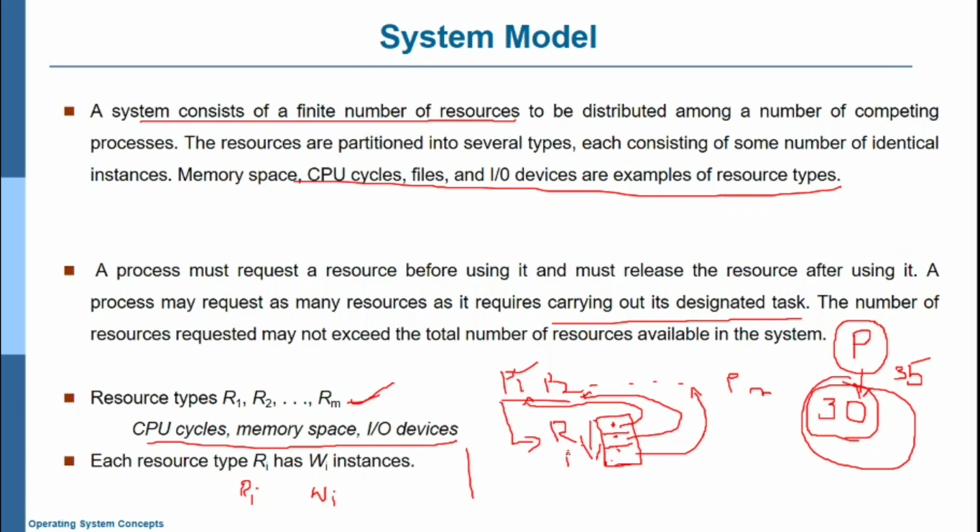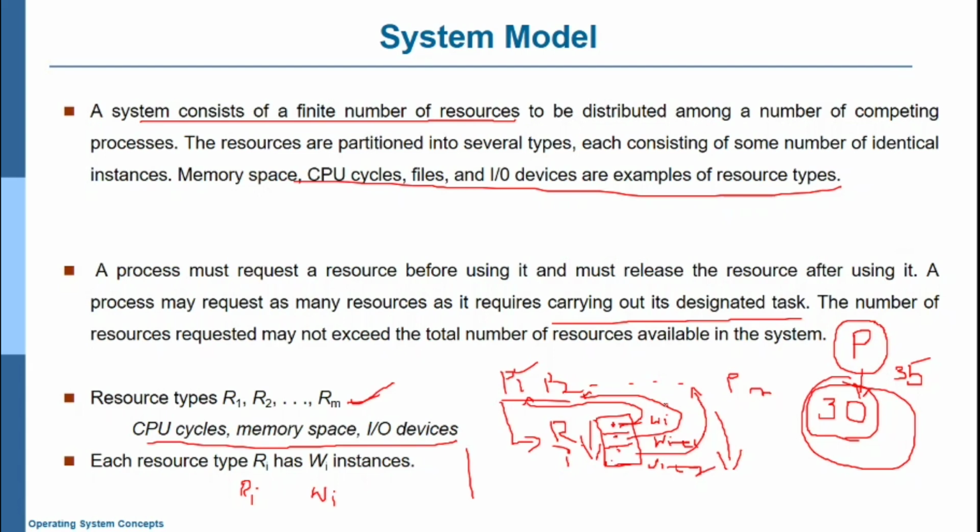Each one of the instances we call Wi, Wi plus 1, Wi plus 2. Some other textbooks may use other notation, depending upon the author. So this is the system model.